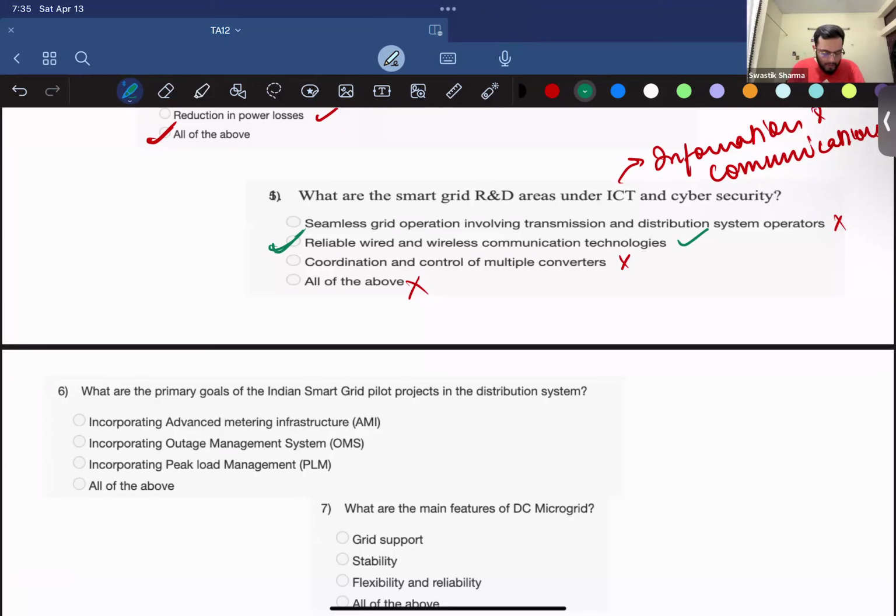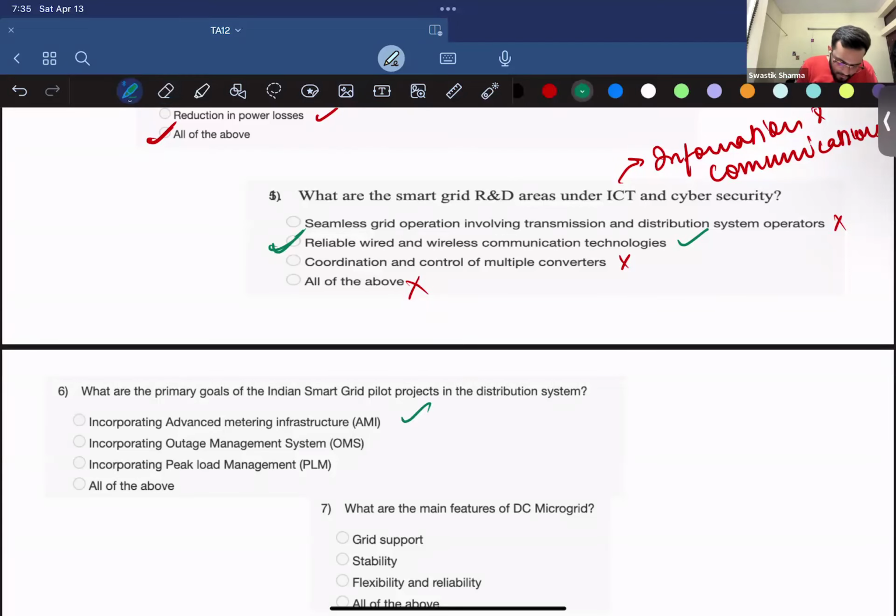Sixth question: what are the primary goals of Indian smart grid pilot projects in distribution systems? What do we want to have in an Indian smart grid pilot project? It's D. We want to incorporate AMI.